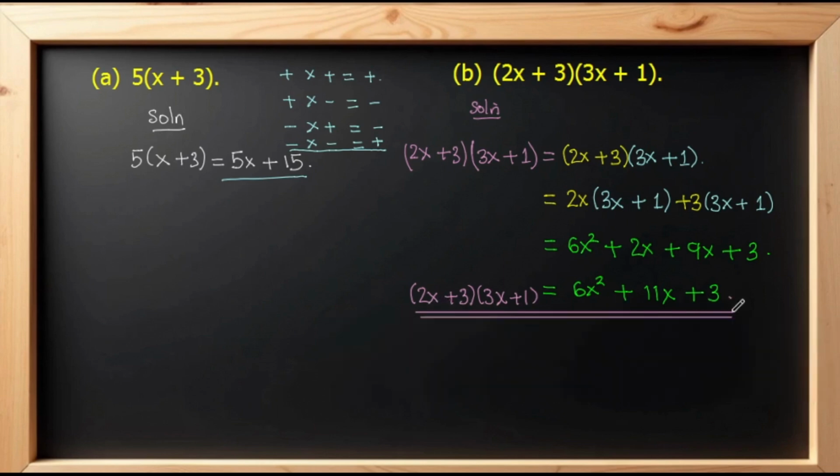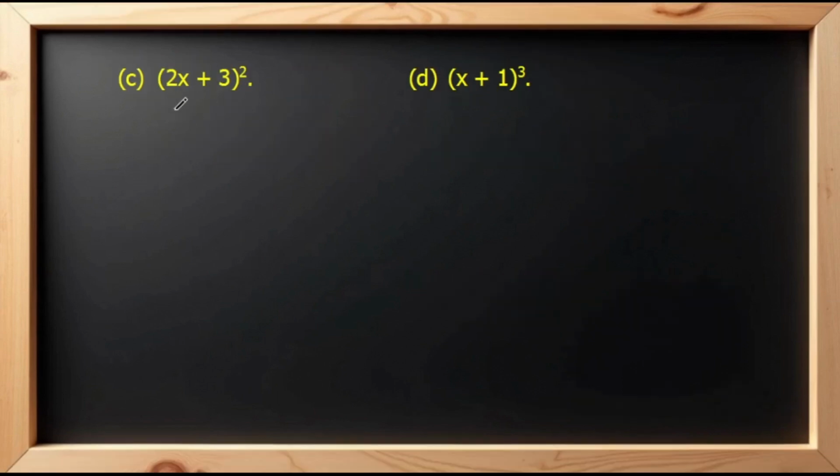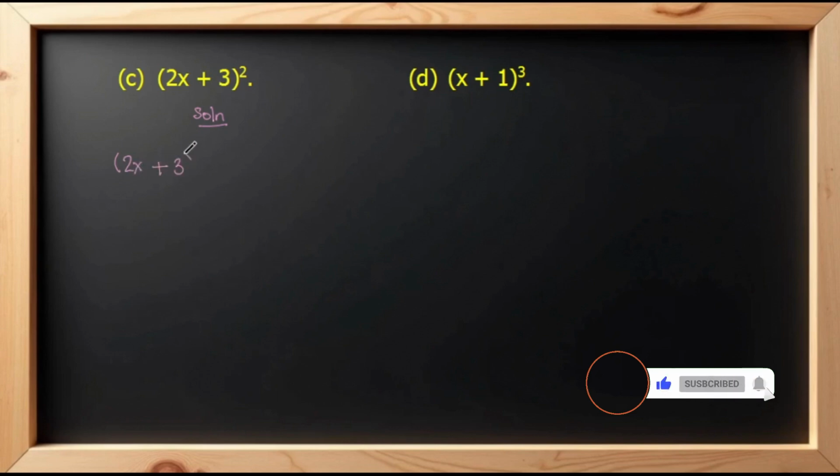Okay, so let's move to number 3 in the next board. In part C of this question, we have (2x + 3) squared.